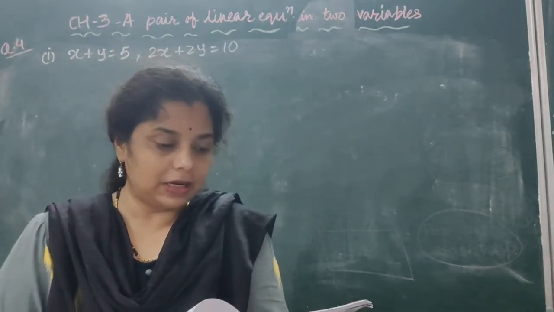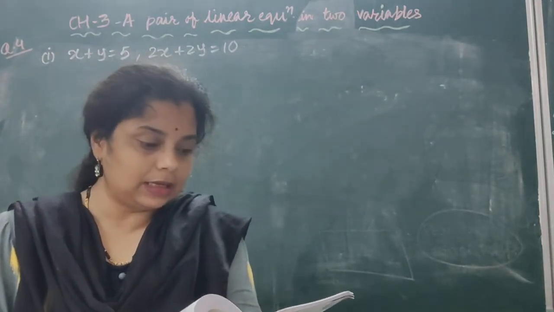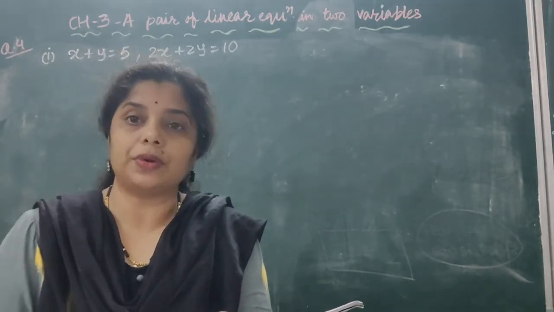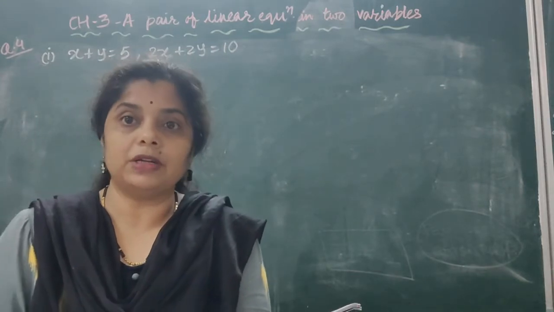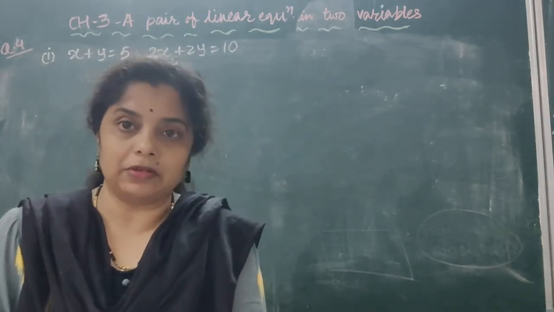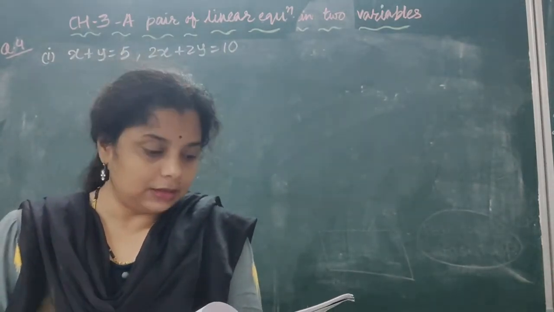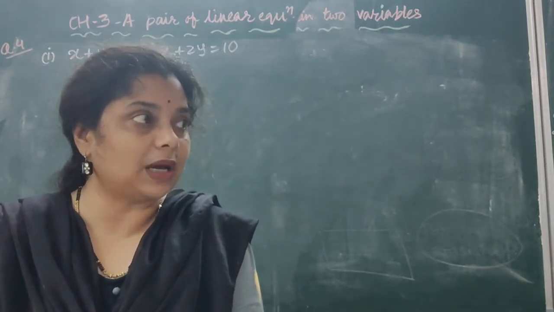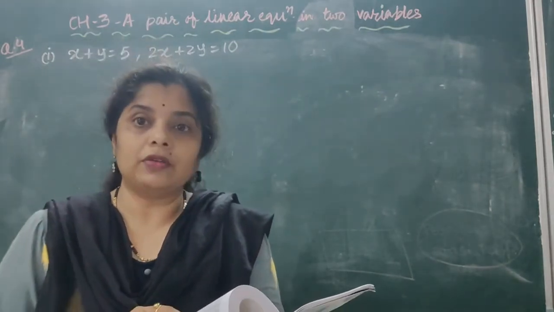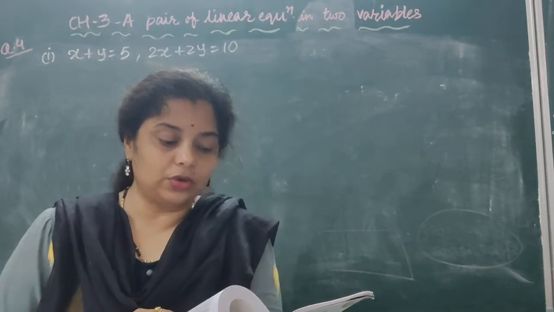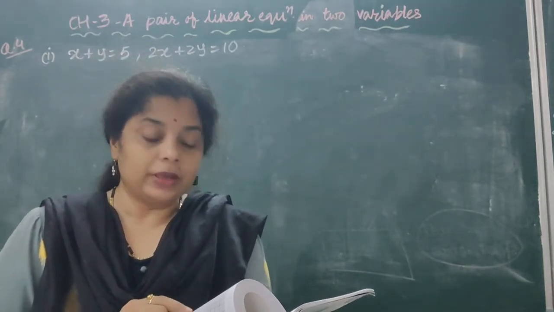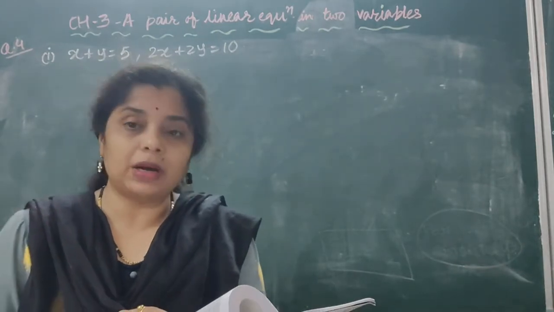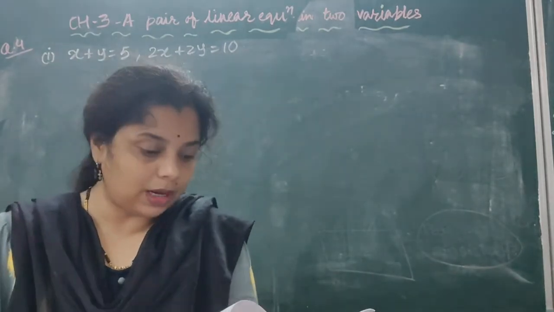5x minus 3y is equal to 11, and minus 10x plus 6y is equal to minus 22. So here a1 is 5, b1 is minus 3, c1 is 11. a2 is minus 10, b2 is 6 and c2 is minus 22. Therefore a1 by a2 is 5 by minus 10, which is minus 1 by 2. b1 by b2 is minus 3 by 6, again minus 1 by 2.